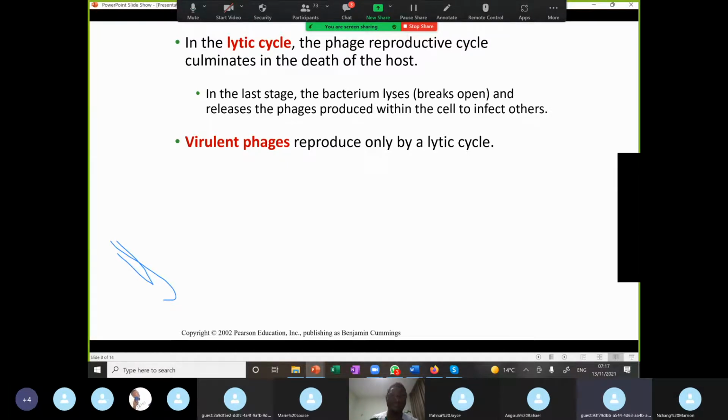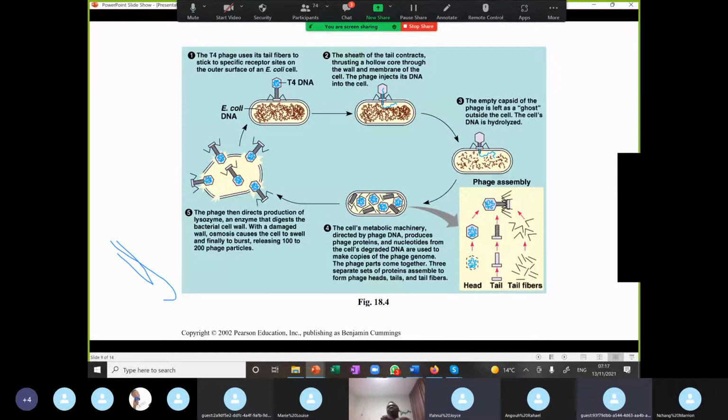Directs the assembly of viral particles, and then initiates a puncture on the cell membrane of the host.